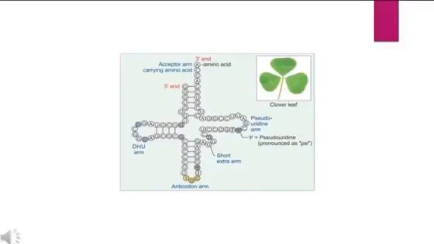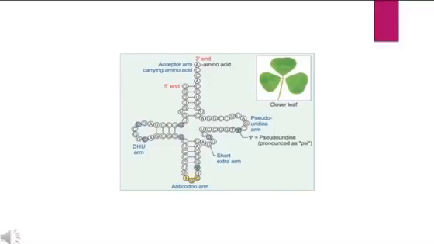The tRNA molecule has a distinctive folded structure with 3 hairpin loops that form the shape of a 3-leaved clover. One of these hairpin loops contains a sequence called the anticodon, which can recognize and decode an mRNA codon. Each tRNA has its corresponding amino acid attached to its end.